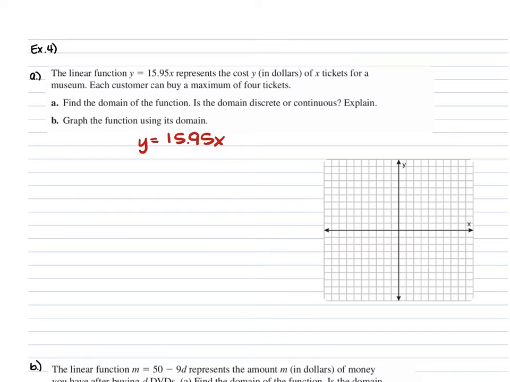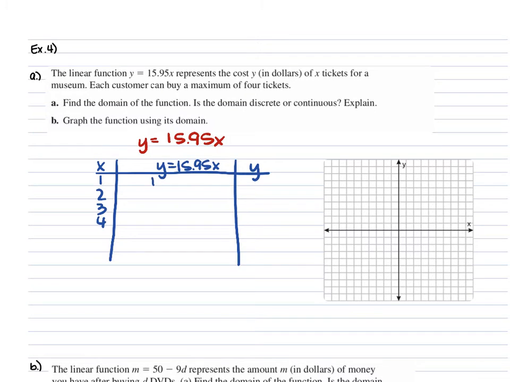So if x is the tickets, then we can plug in the values for x to find y. So we would have 1, 2, 3, 4. If you plugged these in, 15.95 times 1, you get 15.95.